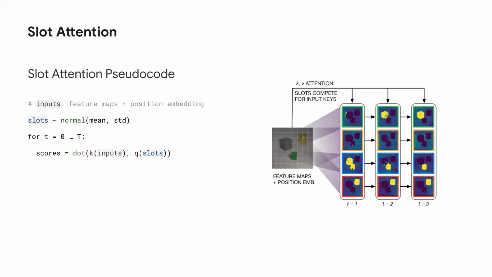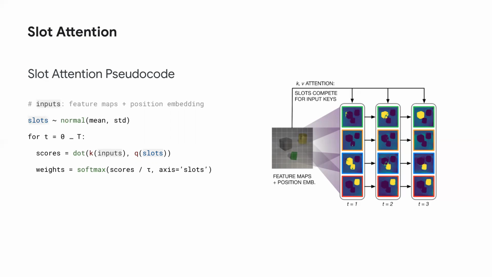First, we take the dot product between a projection of the inputs and a projection of the slots. Then we compute some weights by taking the softmax with some temperature. This is essentially the regular dot product attention, with the key difference that the normalization here is not on the input, but on the slots.